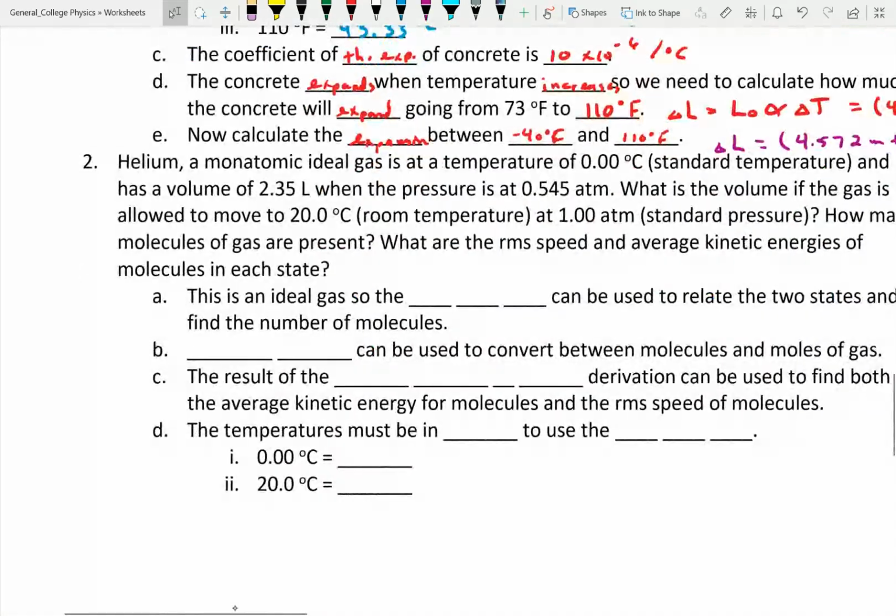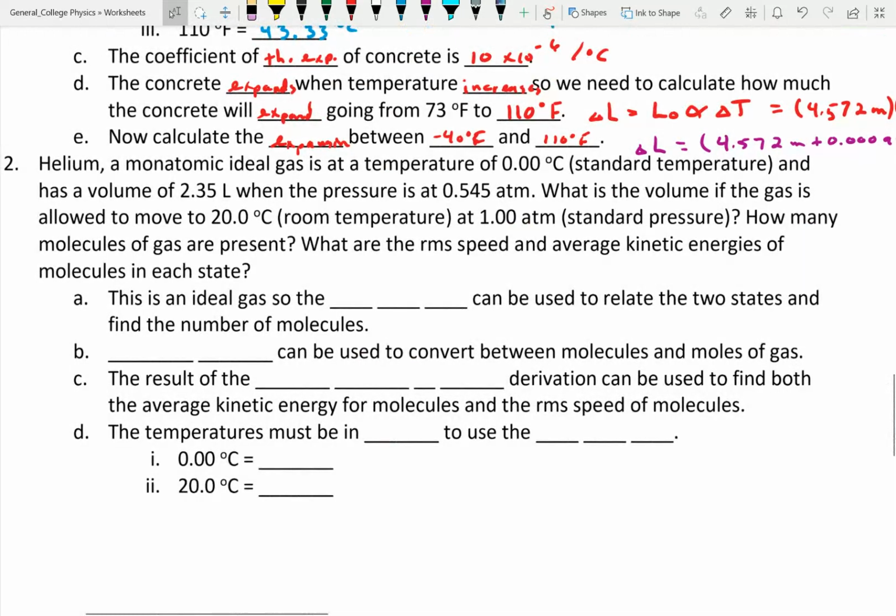The second problem is a problem involving an ideal gas. So since this is an ideal gas, I can use the ideal gas law to relate the two states and to find the number of molecules.